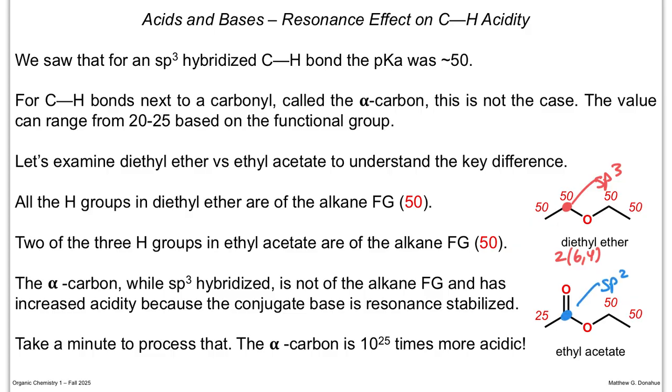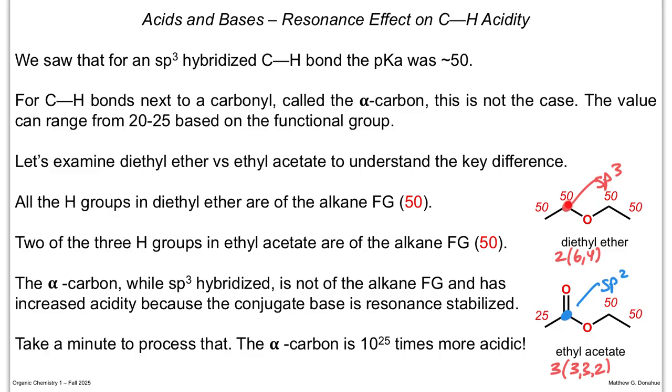Now the ester, ethyl acetate, has 3 unique sets of hydrogen in a ratio of 3:3:2. Notice this group, OCH2CH3, is kind of the same, so those values don't change.